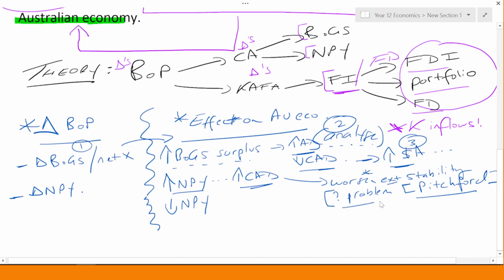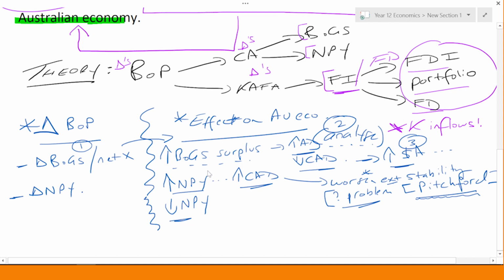But then you could talk about, well, is that even a problem? Here what we're doing is drawing on the Pitchford thesis and this idea that Australia is a net capital importer. It needs capital inflows from overseas. So all of this is useful for the Australian economy as long as it's going towards productive purposes and is being undertaken by businesses who know what they're doing.